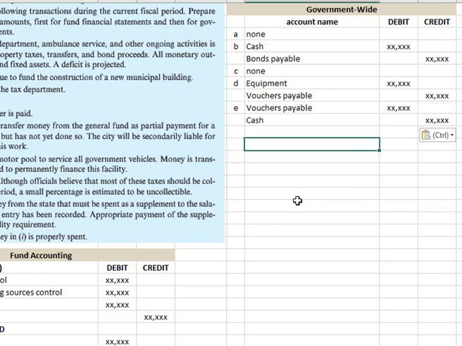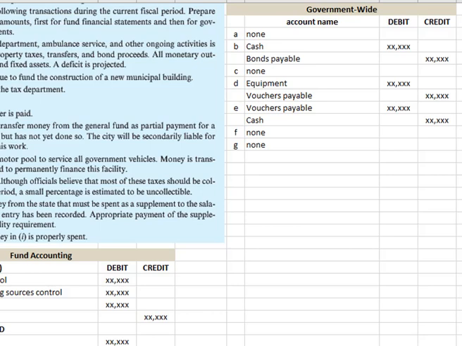All right, what about F? So when something is agreed upon, there is no entry for accrual-based accounting. Just because something is authorized, there is no entry for that. The same thing for G. When you decide you're going to transfer, it's been approved and you know you're going to do it, but you haven't done it yet, no entry.